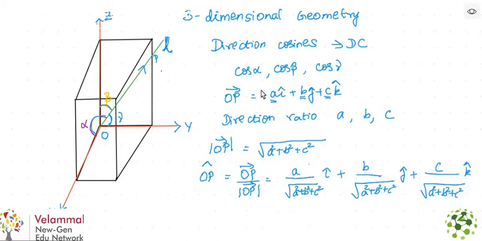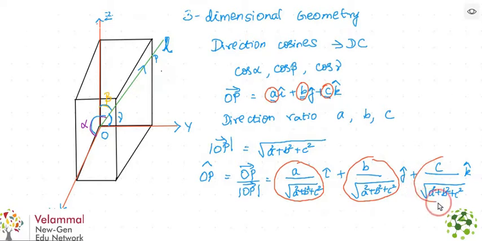So, when I ask you to find the direction ratio, it is nothing but the coefficients of i, j, k in a normal vector. But when I ask you to find the direction cosines, it is the coefficients of i, j and k along the unit vector. Okay.